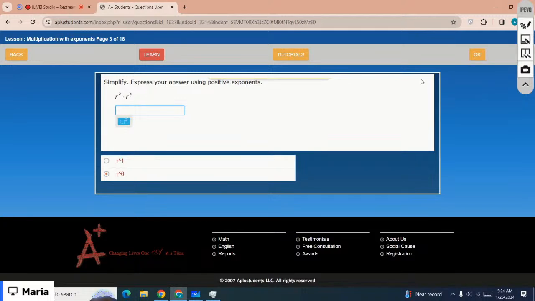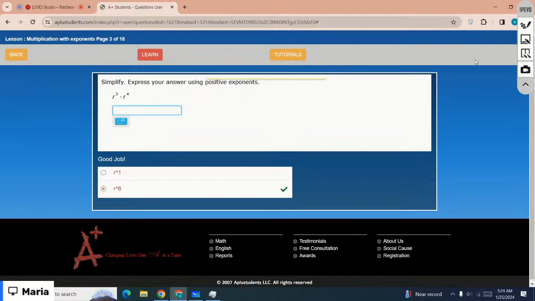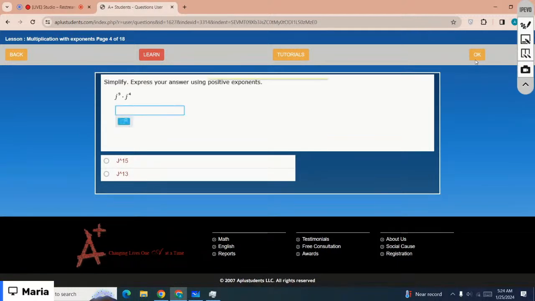Option number 2 is the correct option, right? The next one is j exponent 9 times j exponent 4. Which is the correct option? They have exactly the same base. You need to add the exponents, right? So 9 plus 4 is 13. So that is j exponent 13, right?